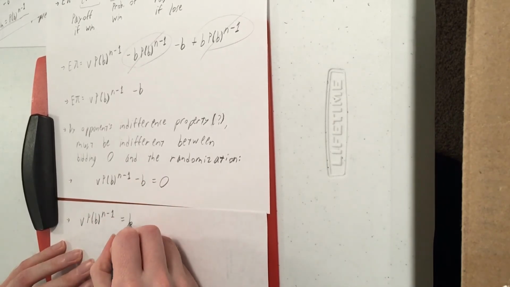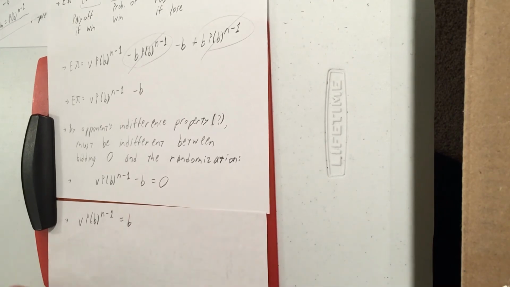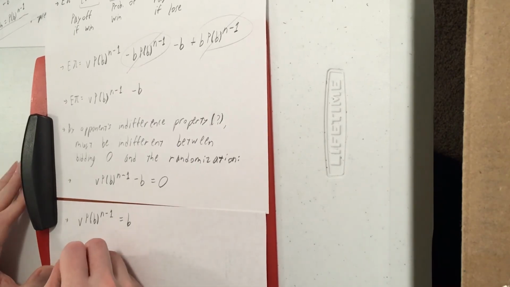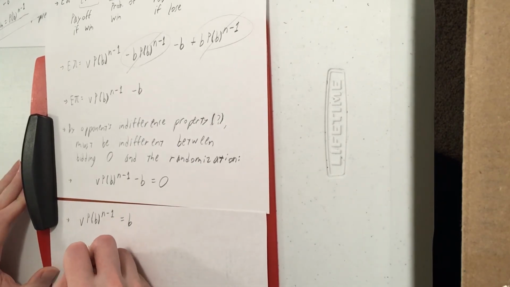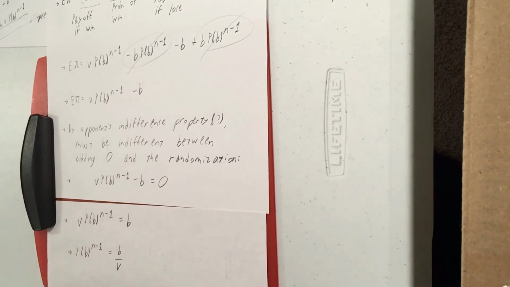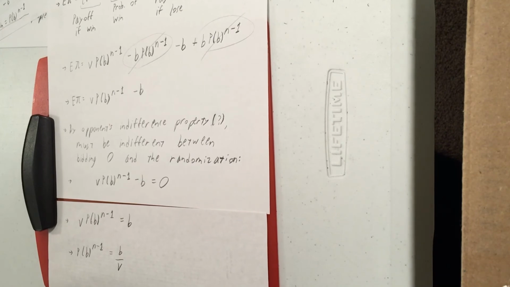So I get that. And now to try to isolate the P of B, I'll divide both sides by V. The last step to isolate, or perhaps I should say in these times, to quarantine the P over B, we had to raise both sides to the power 1 over n minus 1.